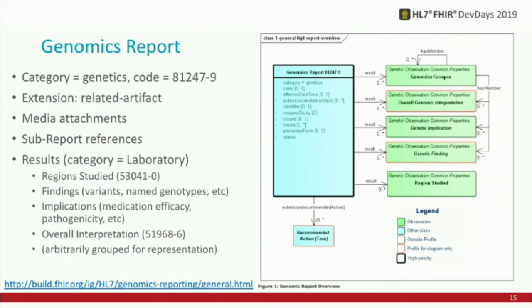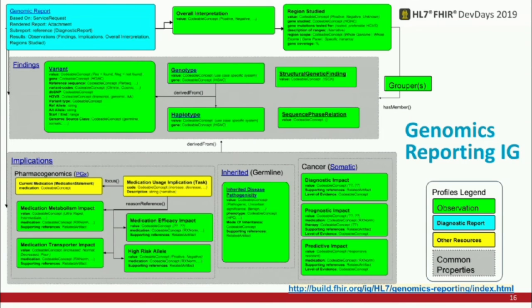It's actually representing a group of profiles that have a common set of properties. So for instance, like I said, finding, you're not going to make a genetic finding observation. What you're going to do is you're going to have all of these different variant, genotype, haplotype, structural genetic finding, or sequence phase relation. Those are the different findings that you can use, and they all fulfill the same purpose, the same slot there on the guide.